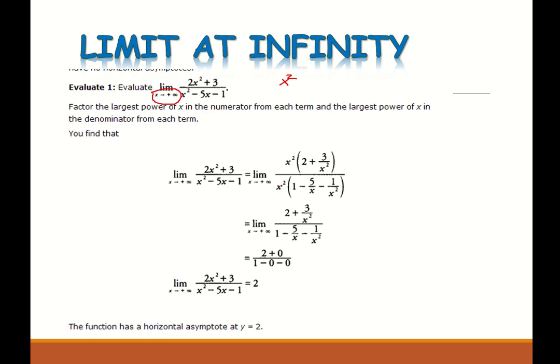Then at the denominator, you factor out x squared. Factoring out x squared, the first term is equal to 1.